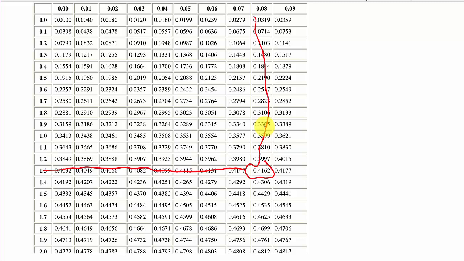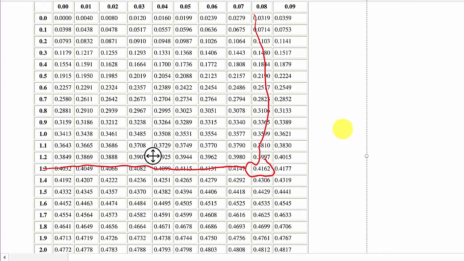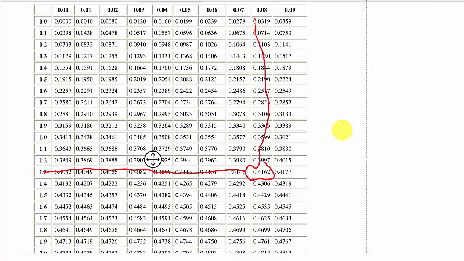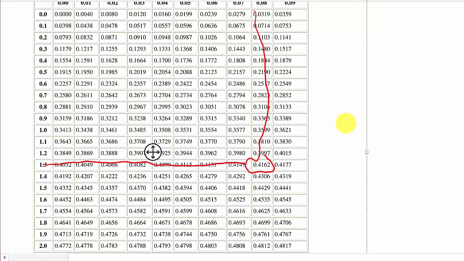And then the 2.01: here's the 0.01, and there's the 2 point, so 2.01 is 0.4778.